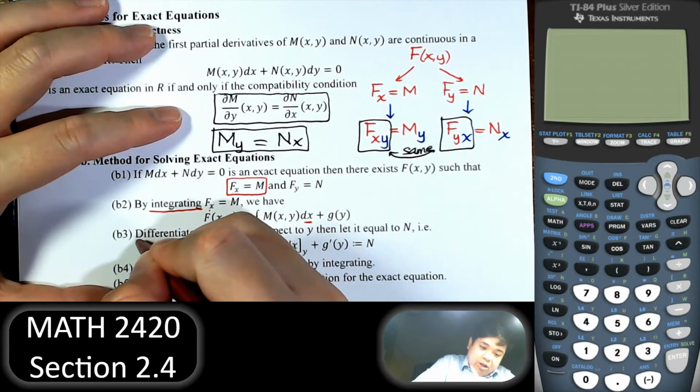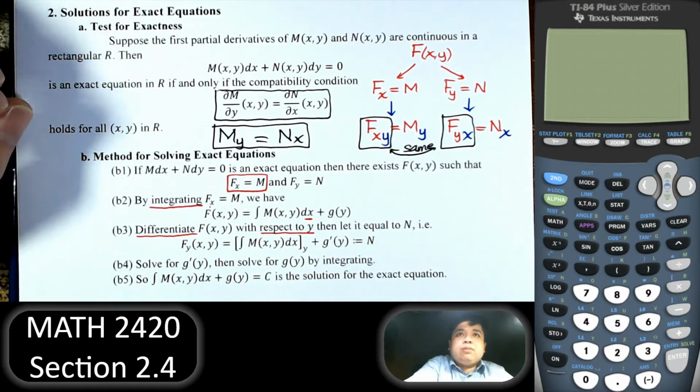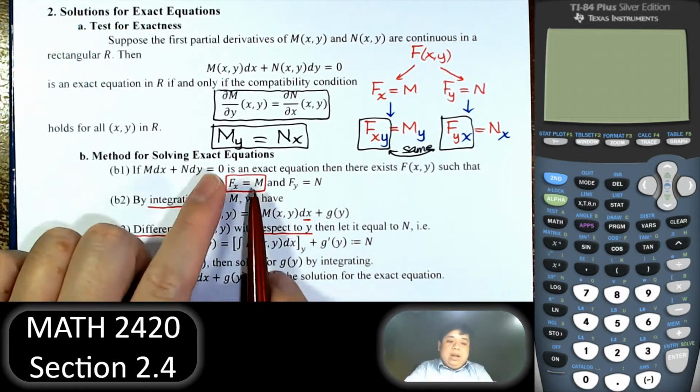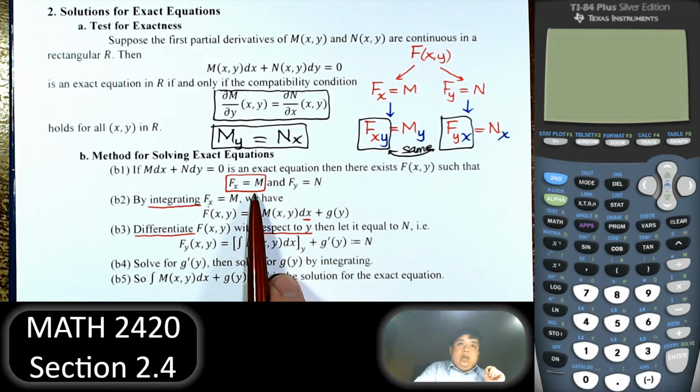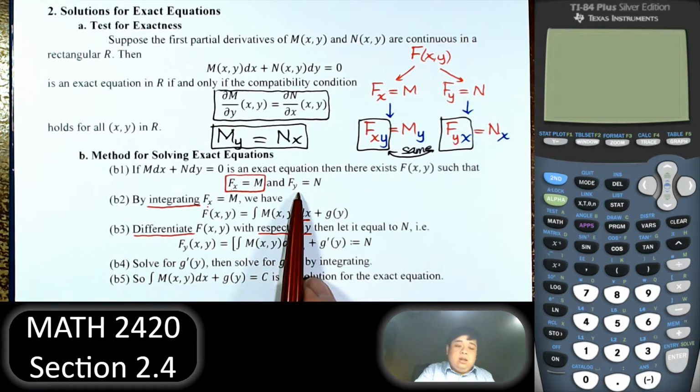And then we differentiate with respect to y. So either we let f_x integrate with respect to x and then differentiate with respect to y, or we start from here, integrate with respect to y and differentiate with respect to x. And along the line we will solve for the equation.